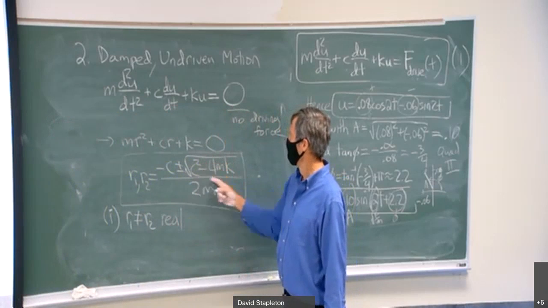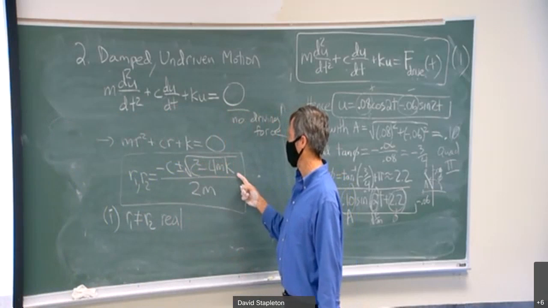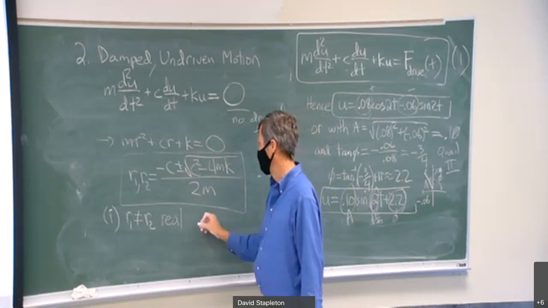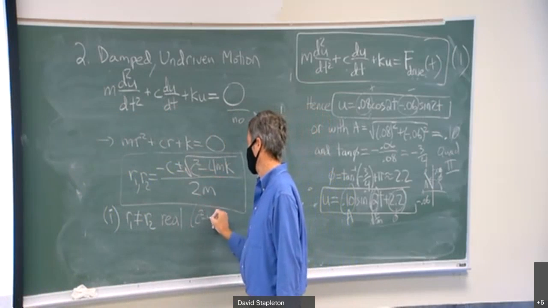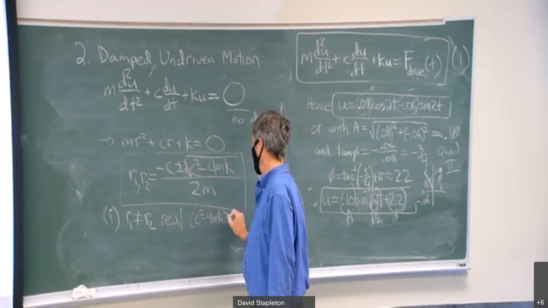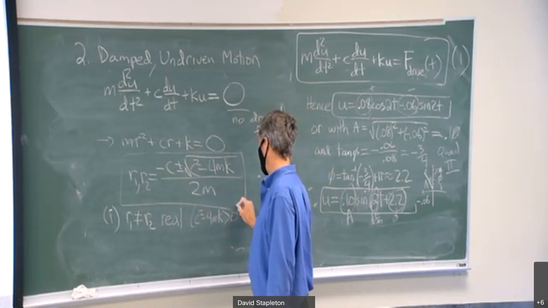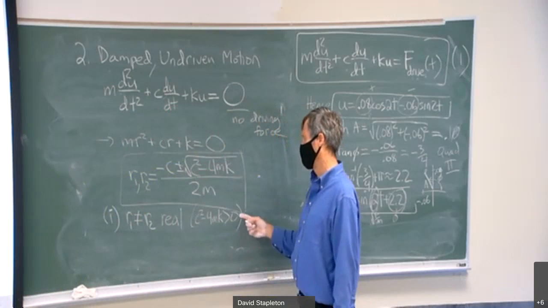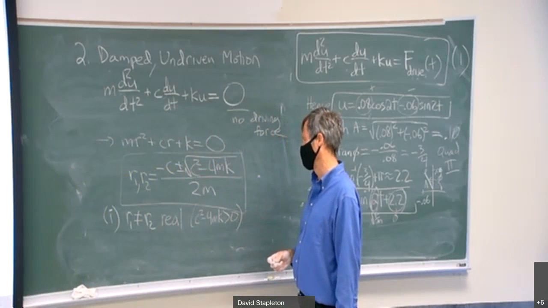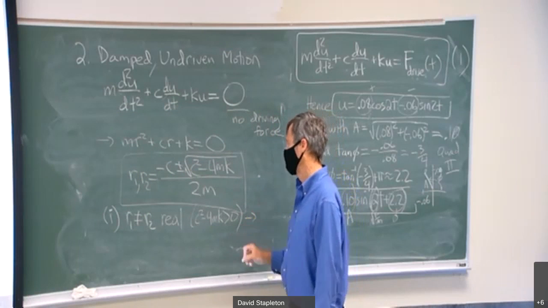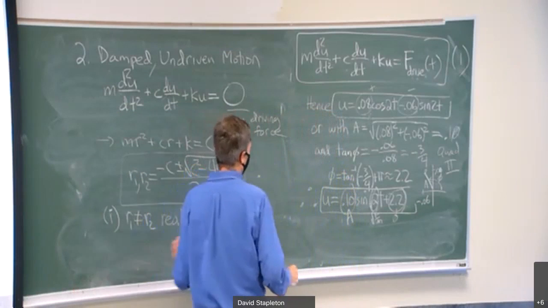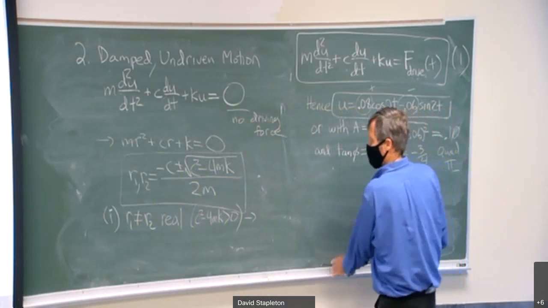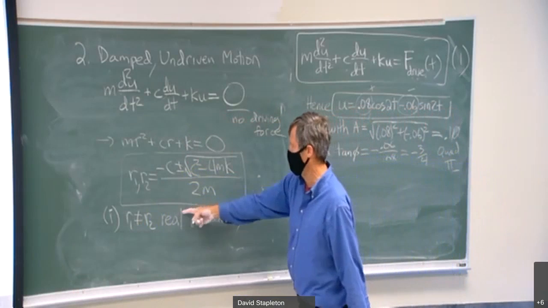Algebra, right? C squared minus 4mk is positive. You get 1 for the plus and 1 for the minus. C squared minus 4mk positive makes you a positive square root here, and you get 2 real distinct solutions. Then what happens if these are not equal real numbers?